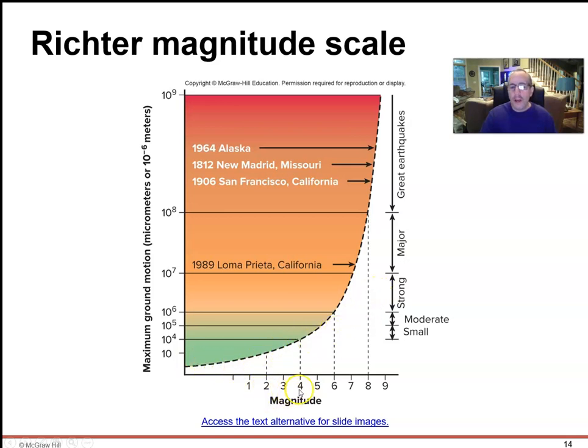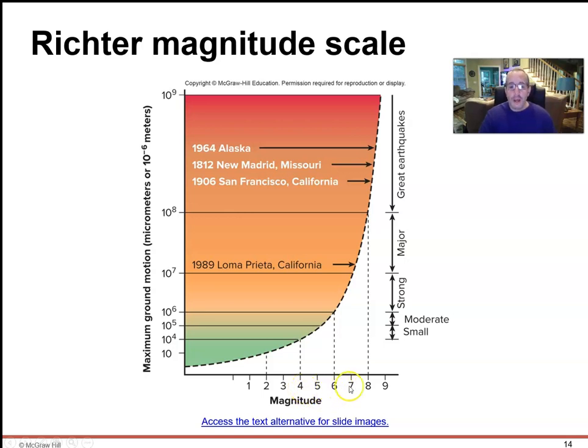So, in other words, a magnitude 4 earthquake is not just twice as strong as a magnitude 2 earthquake. It's going up exponentially as we increase. The way these numbers work, it's actually a magnitude of 10 for each whole number you move. So, a magnitude 5 earthquake is going to be 10 times stronger than a magnitude 4. A magnitude 6 earthquake is going to be 100 times stronger than a magnitude 4.